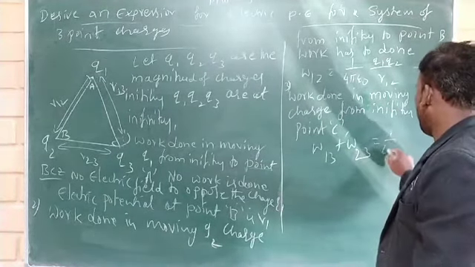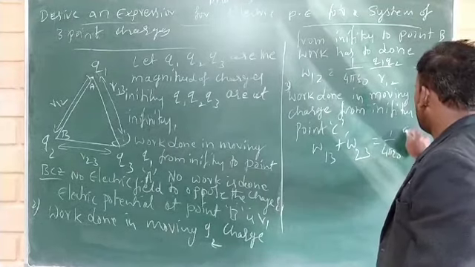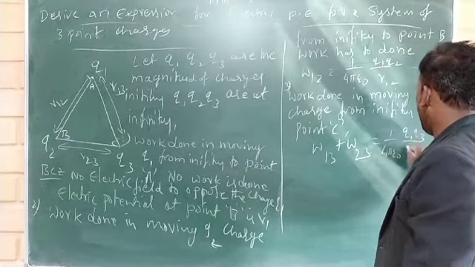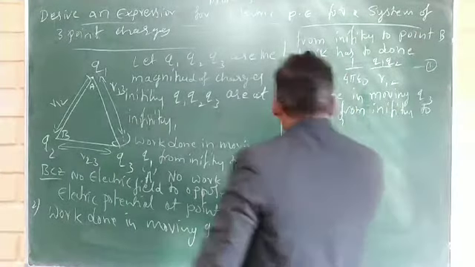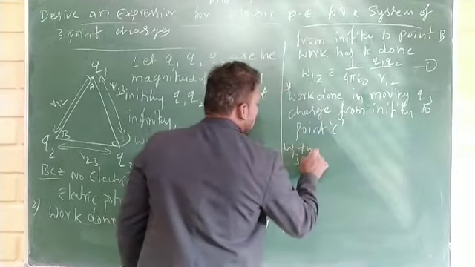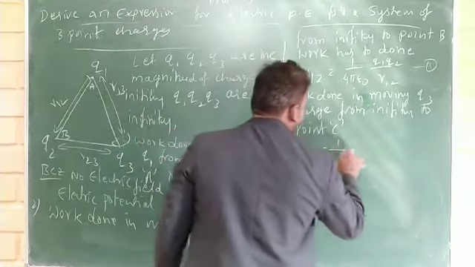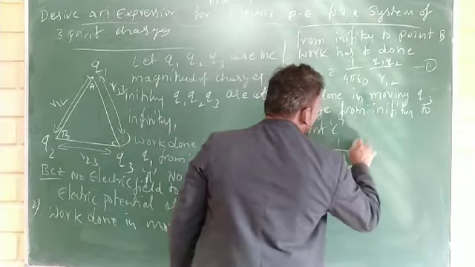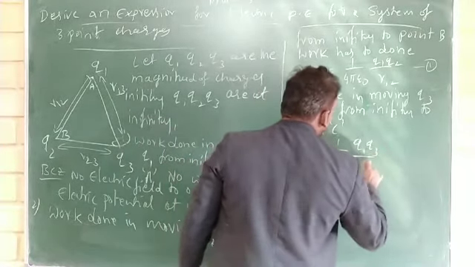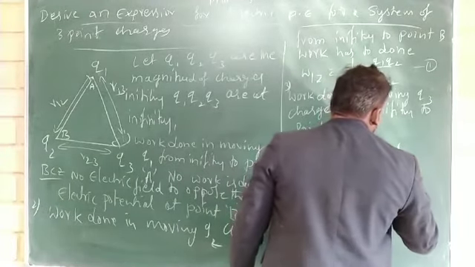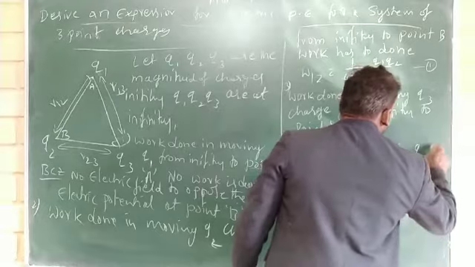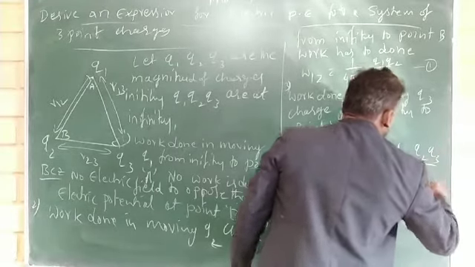W13 is equal to 1 divided by 4 pi epsilon naught Q1 Q3 divided by R13. W13 plus W23 is equal to 1 divided by 4 pi epsilon naught Q1 Q3 divided by R13, the separation, plus 1 divided by 4 pi epsilon naught Q2 Q3 divided by R23.